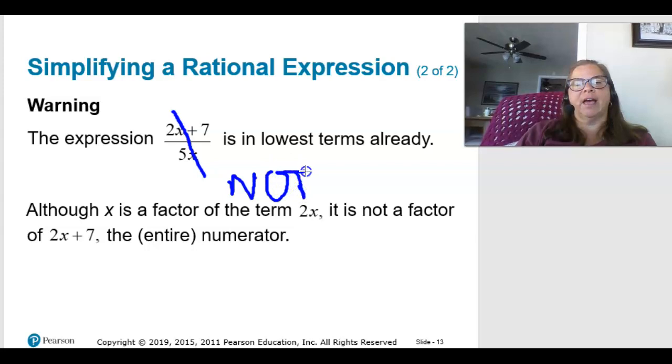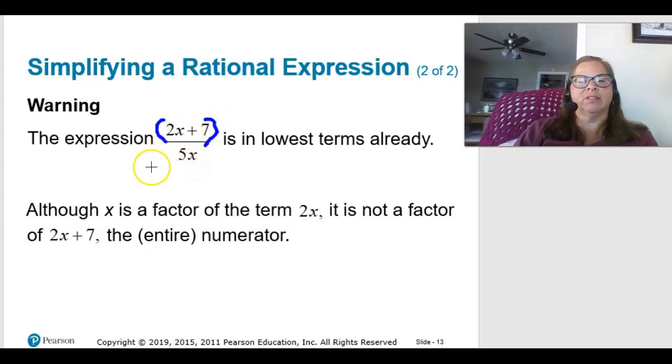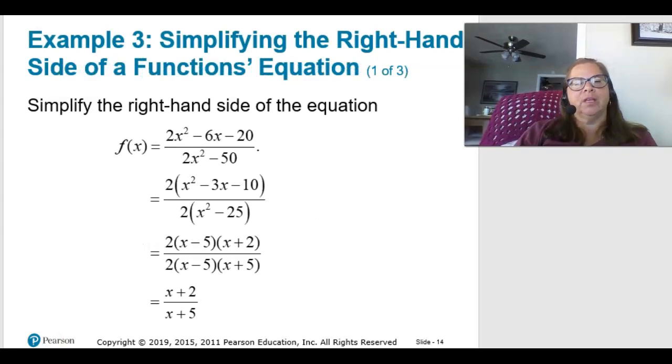You would have to have an x in every term to be able to do that. So again, if you think of this being in parentheses, it reminds you that the only way to cancel that is if you have a 2x plus 7 in the denominator. So be very careful about that as you proceed.